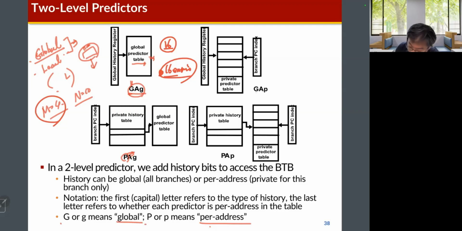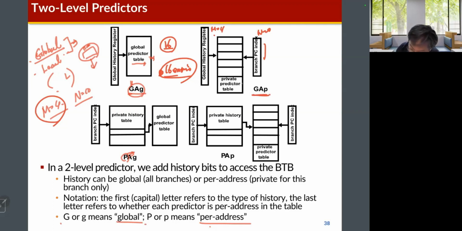And then GAP. With this GAP, we need to consider the global history register and also the local branch instruction. So if M is 4 and N is 10, it's called the GAP.